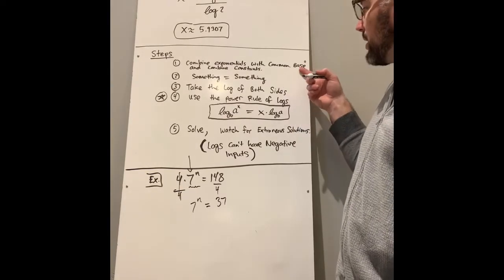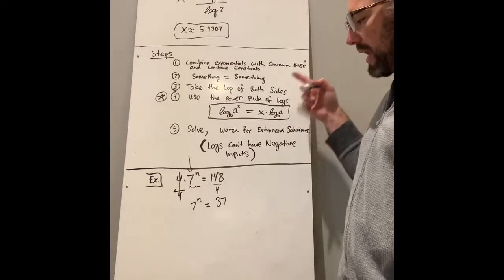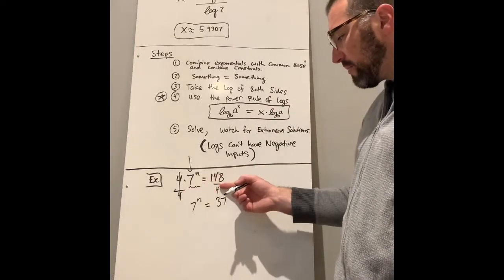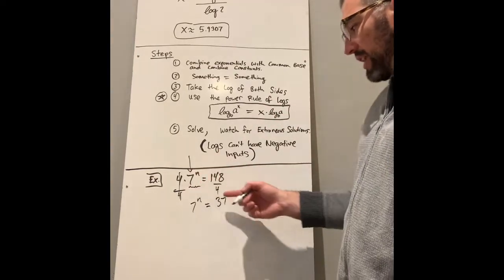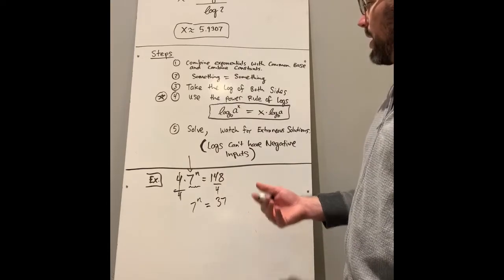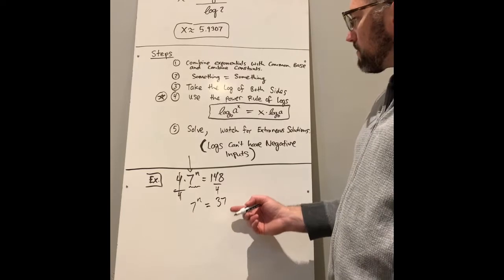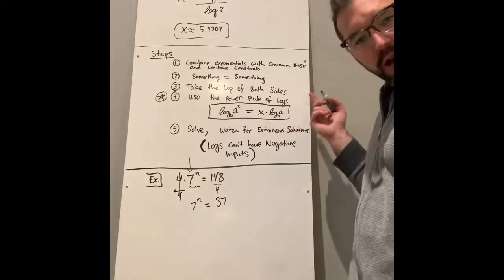So step 1, you combine your exponentials that have common bases, combine your constants. That's what I did here. I basically isolated my exponential. You get it into something equals something. One thing equals one thing. And then step 3, you take the log of both sides.